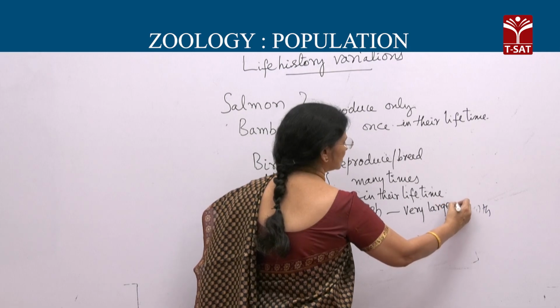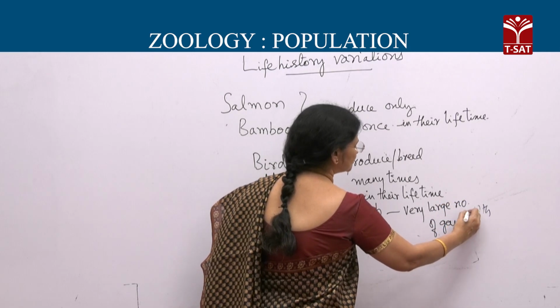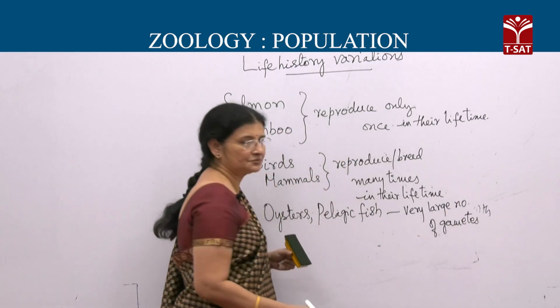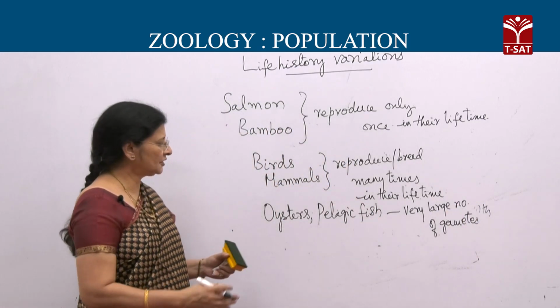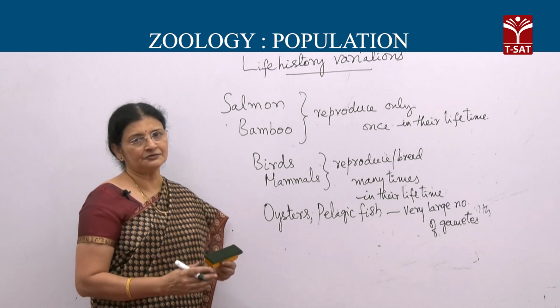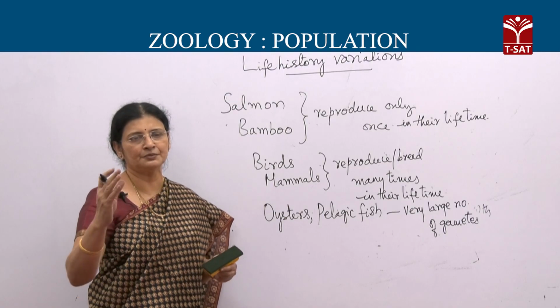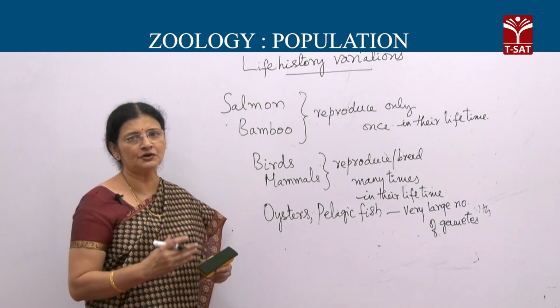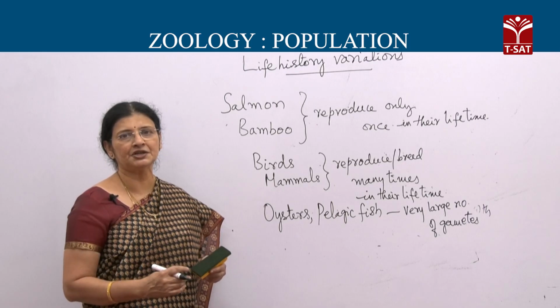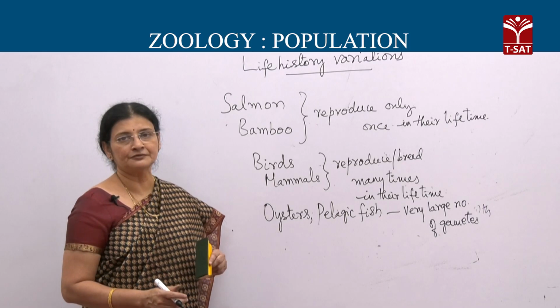Thousands of eggs or a very large number of gametes are produced by these organisms because they are living at a particular place where the chances of fertilization might be less, they might be washed out, or they might be flowing along with the flowing waters, carried to other places. So they produce a very large number of gametes.